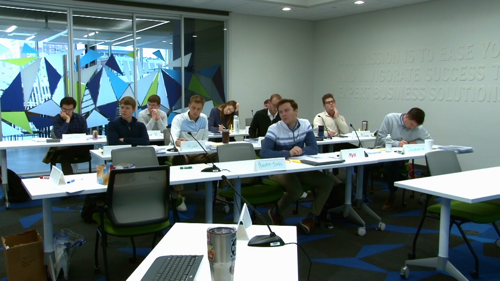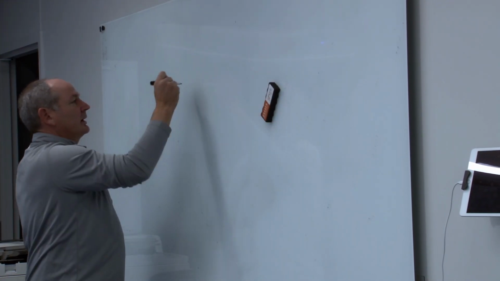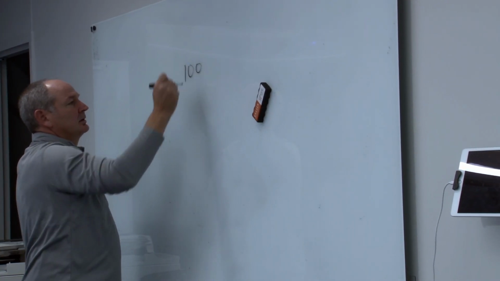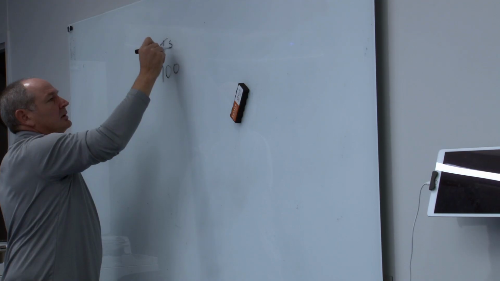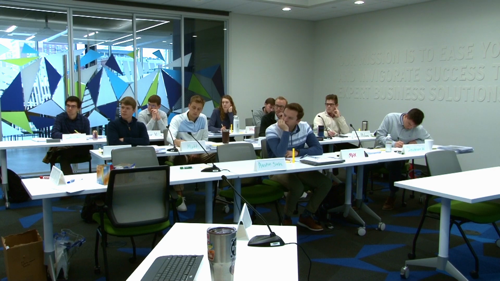ISOs, I hate ISOs. ISOs were really big in the 1990s and then early 2000s. So we're going to grant an ISO of $100 to Allie. You know what ISO stands for, Allie? It's called an incentive stock option.